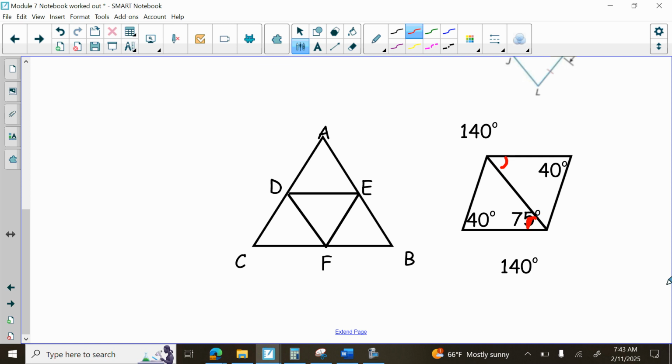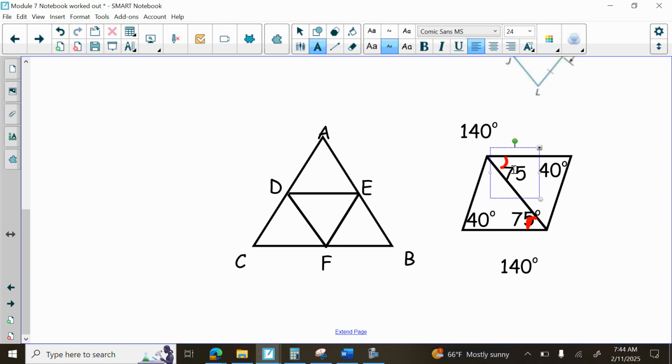No, it's not 90. It's 75 degrees, right? Well, what kind of angles are they? They're acute, but they're alternate interior angles, right? So it means that alternate interior angles are the same. So if this one's 75, this one is also 75 degrees. Understand? And if that one's 75, let's say this one is 65, that means this one over here will be 65 degrees because they're alternate interior angles.